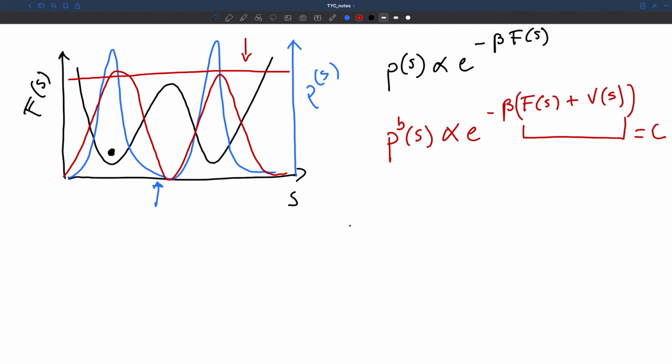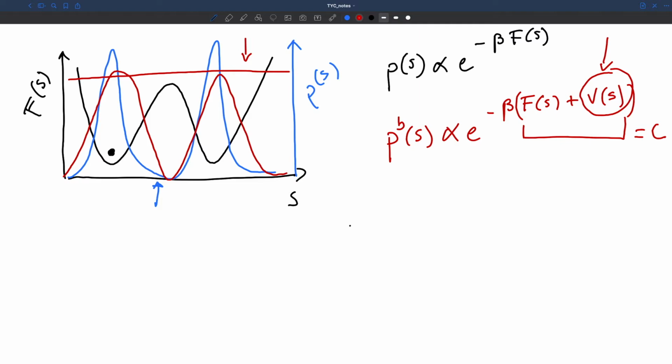So the question then, which is a question of implementation, is how do we actually construct this bias potential so that it allows us to sample this collective variable space without knowing the underlying free energy surface. But for now, let's consider this.